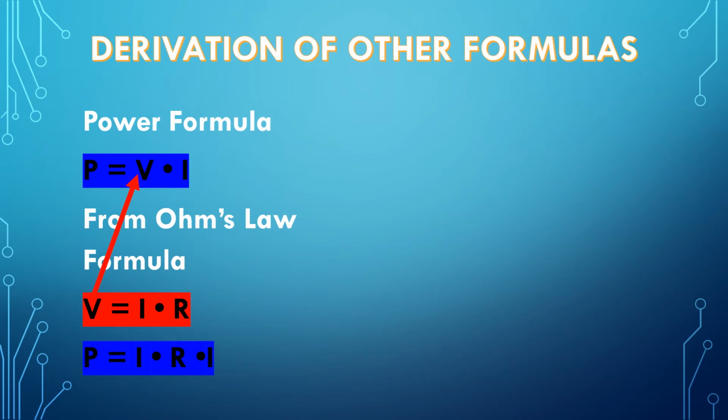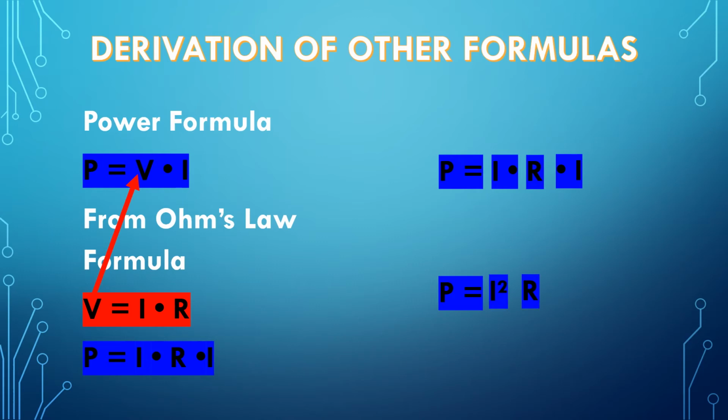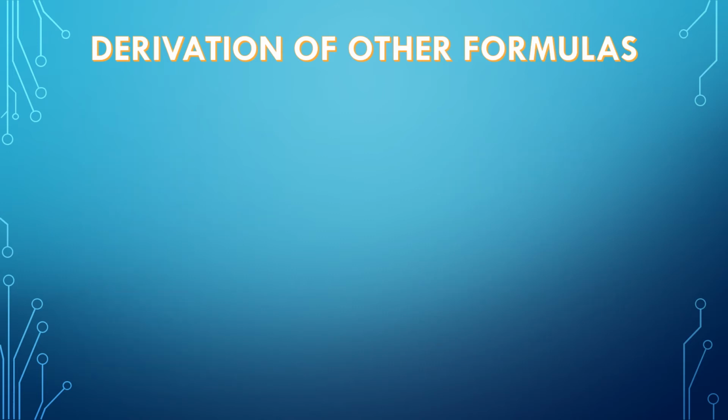So it comes out P is equal to I times R times I. So manipulating, we have here I times I, which is the same term. It is I squared. So we have P is equal to I squared times R. This term now is our formula number 8.